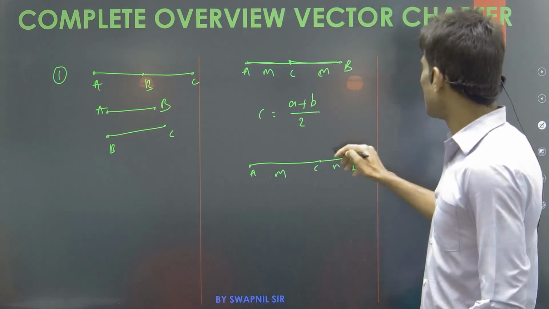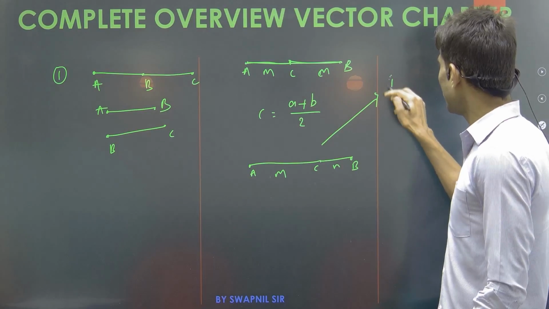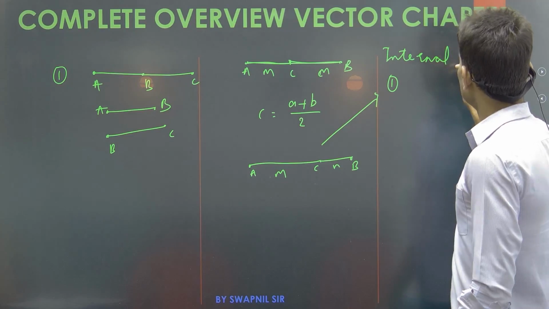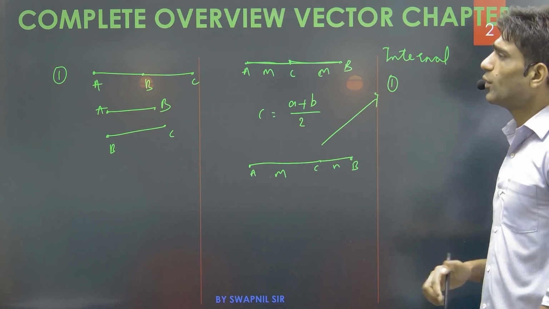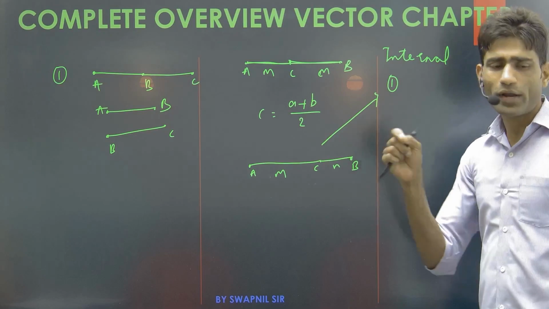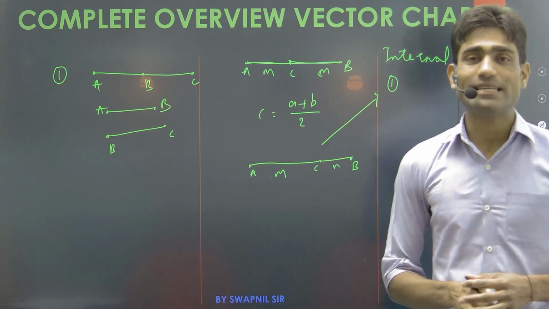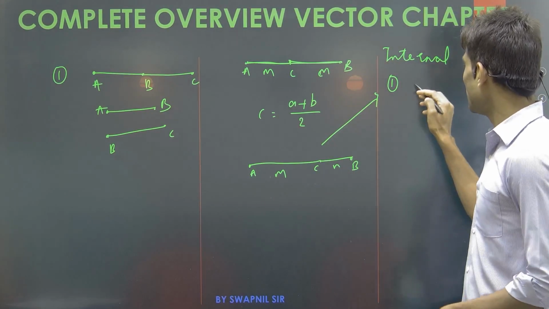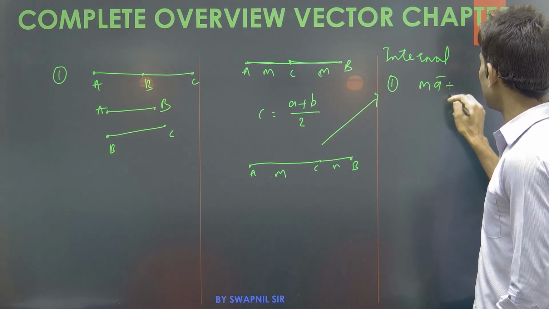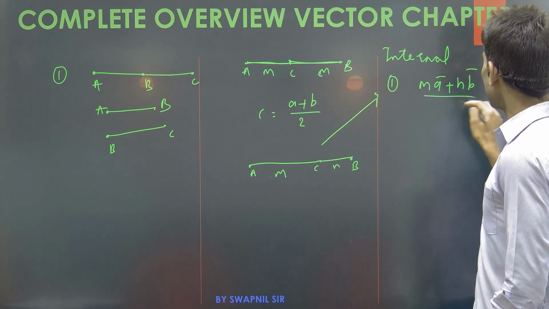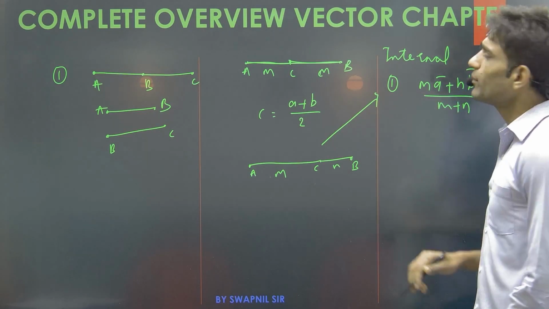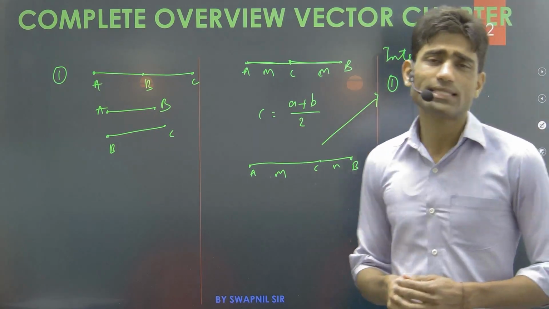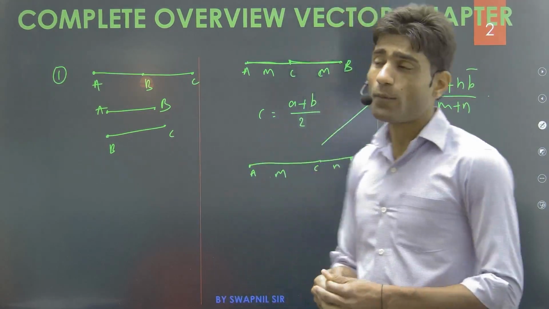The internal division of the section formula says that the point which divides our line segment internally, we write as m into a bar plus n into b bar upon m plus n, which is the section formula for internal division, where the line segment AB is divided in the ratio m to n.